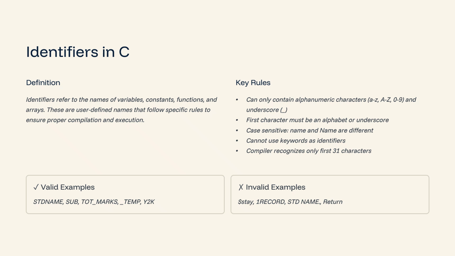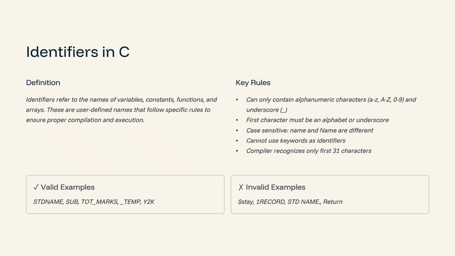They are used to identify variables, functions, arrays, structures, and constants. For example, total marks is a variable and an identifier. Student name is a variable. Student roll number is a user-defined name. These names are chosen by the programmer.